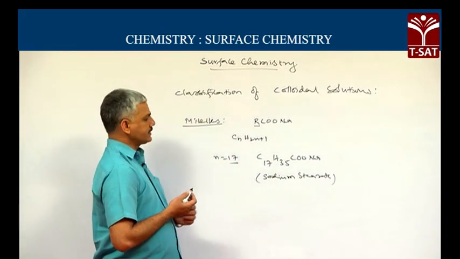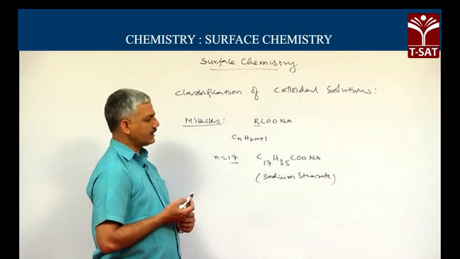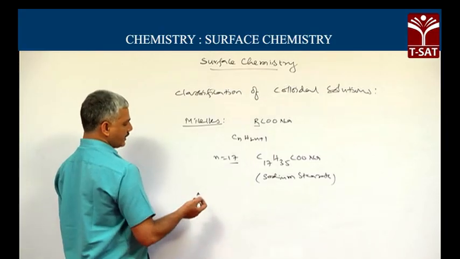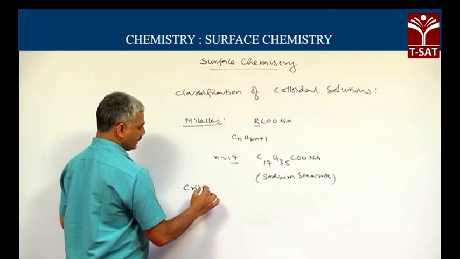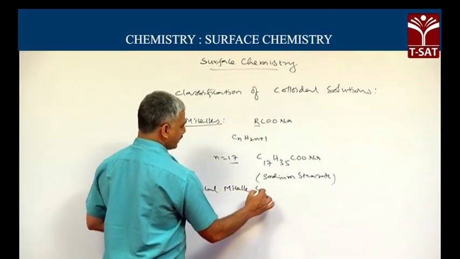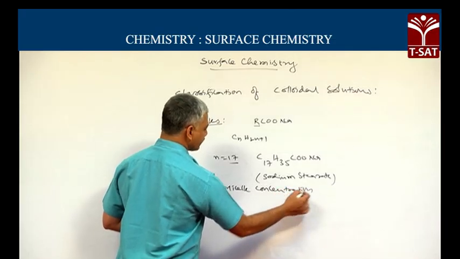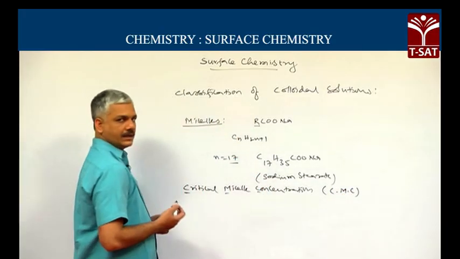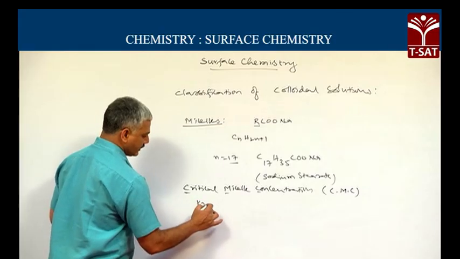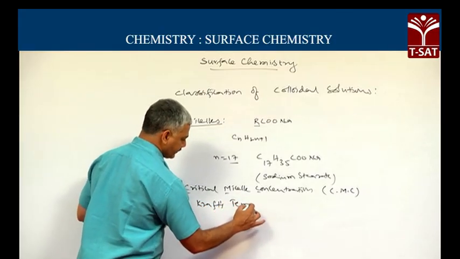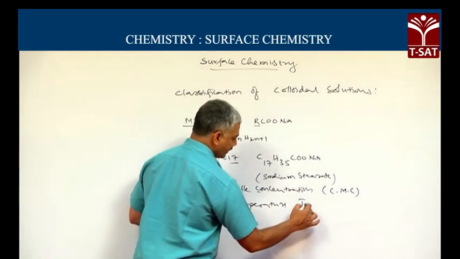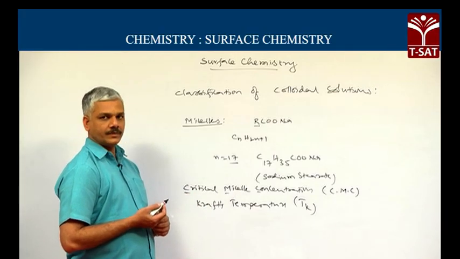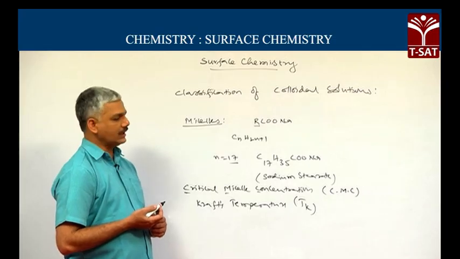At low concentrations, an aqueous solution of this salt behaves as a true solution, but with increase in concentration and at a particular concentration known as the critical micelle concentration, in short represented as CMC, and at a specific temperature known as the Kraft temperature, denoted with the symbol Tk, the dimensions of soap will increase and reach colloidal range.